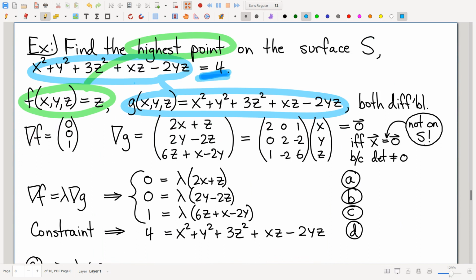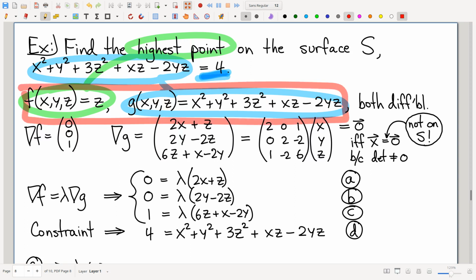Okay, so let's see here. Do these two functions have any differentiability failures? Is there anywhere where these fail to be differentiable? They're polynomials, they're fine, so no critical points there.